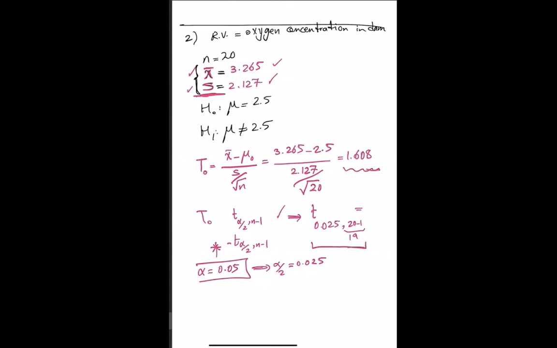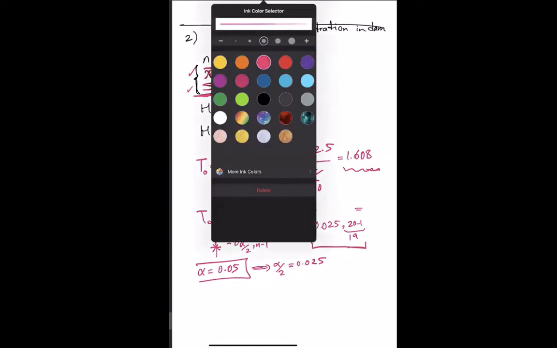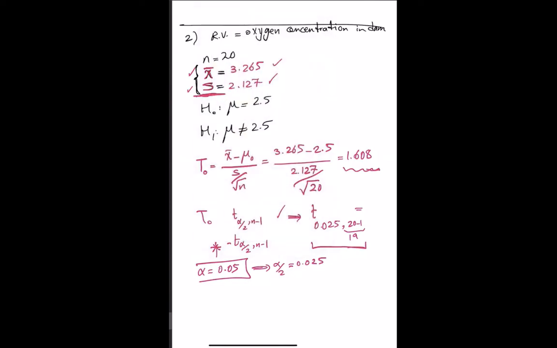I'll tell you now. I have it. Do you want me to tell you? No, just give me a second. T of 0.025 and 19.